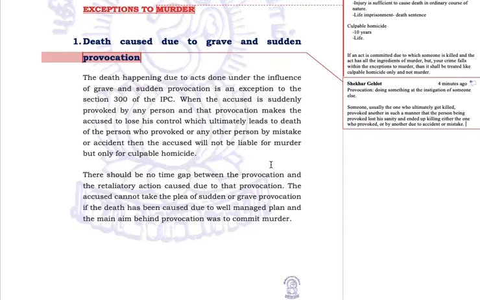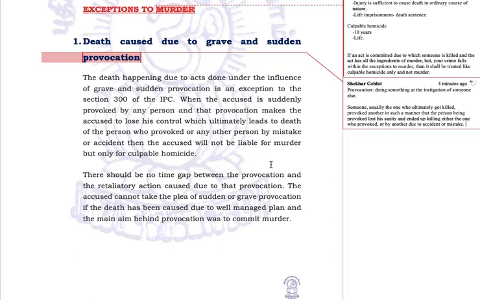Or someone else, because I'm trying to kill the person who provoked me. Okay, suppose I'm trying to kill the person who has provoked me, but somehow he escapes and I end up killing someone else. Suppose I shot at him, he evades, and the bullet hits someone else and he dies.